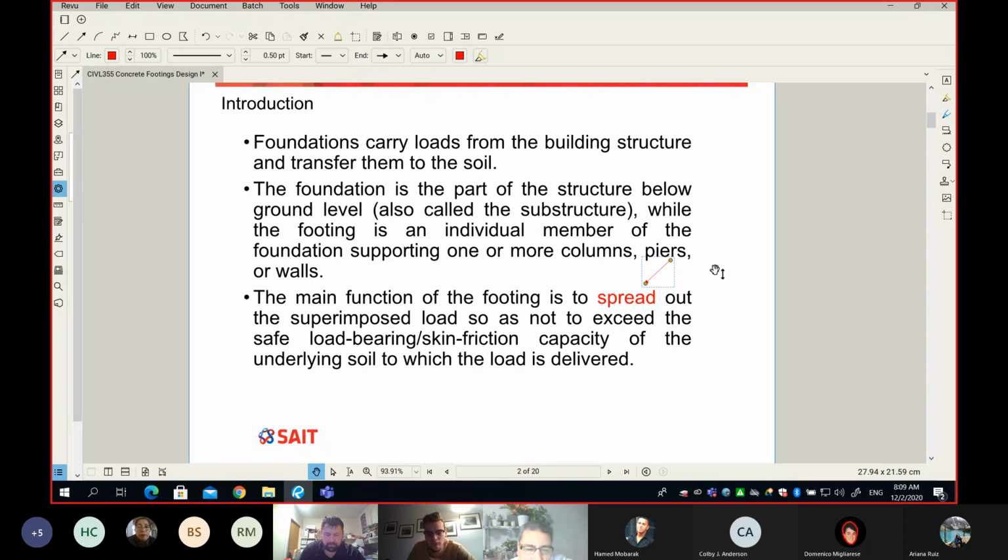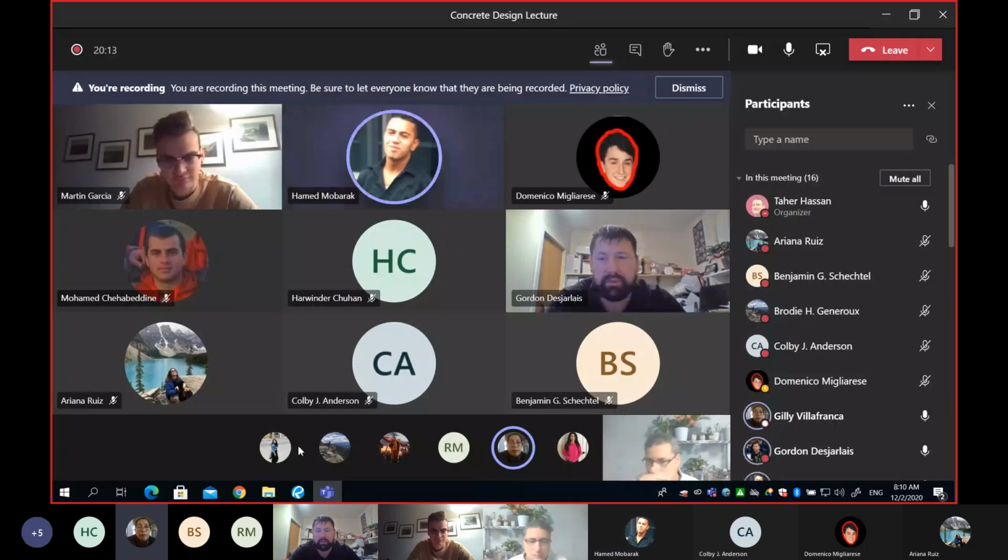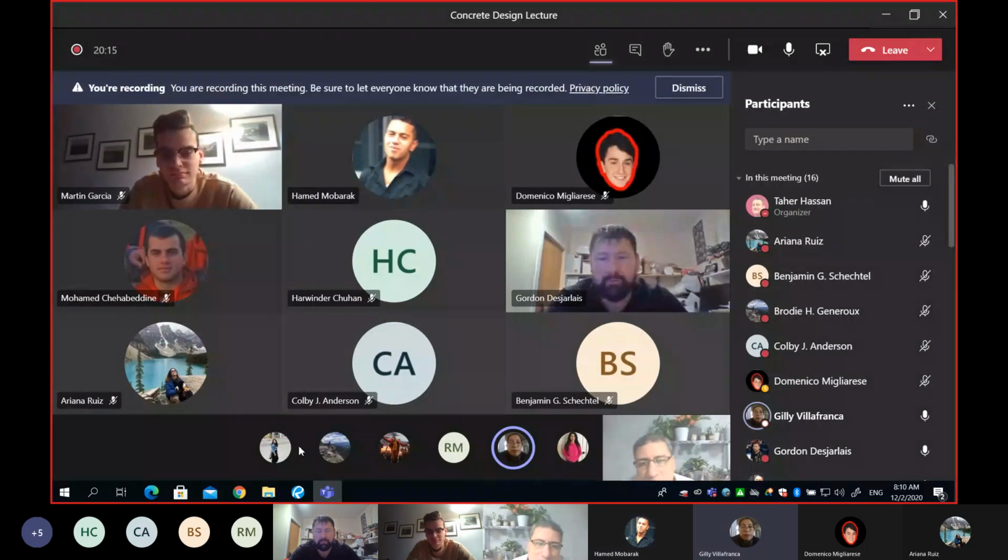We build of concrete, of steel, or whatever material, all of them are stronger than soil. And simply, if you just put the column straight into the soil, can you imagine what's going to happen? If I simply add a column on top of the soil without any footing, can you guess what happens? It will collapse.